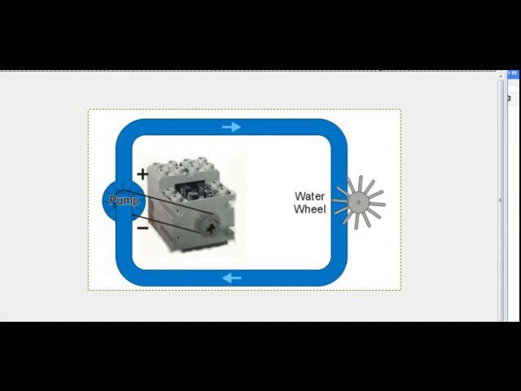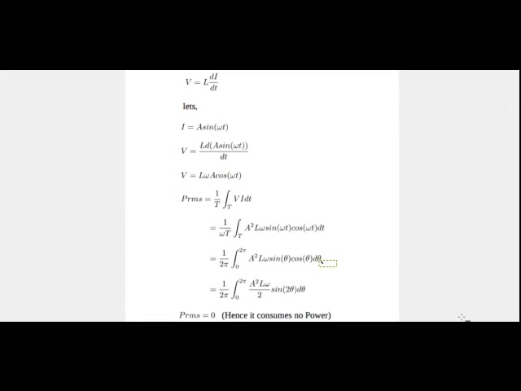In an inductor, there are two important properties. Here the current lags the voltage by 90 degrees and it does not consume power. Here is the proof. Let's say the equation for the inductor is V = L di/dt.